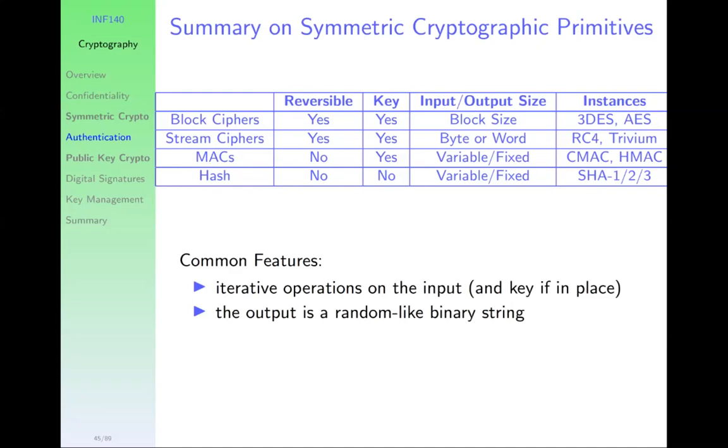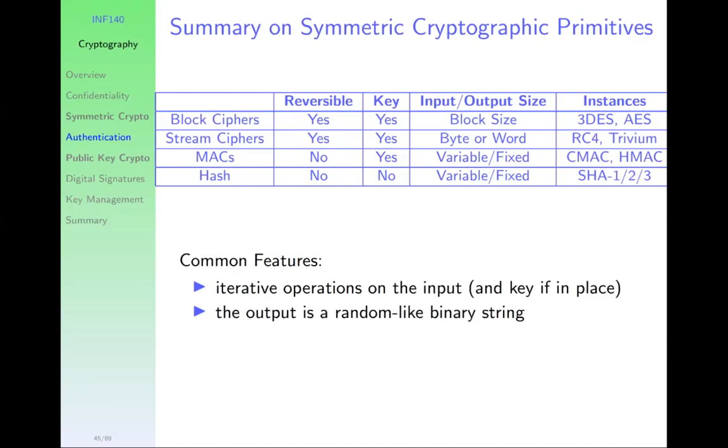And for all of them to be secure, the output should look like a random binary string. When we talk about whether a primitive is secure enough, one basic requirement is that the output of these primitives cannot be distinguished from random binary strings.